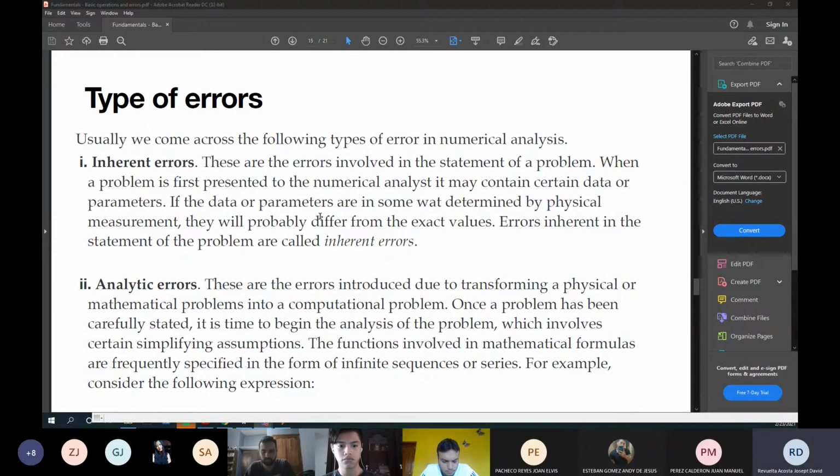And these parameters, these data, are determined by some physical measurement. And they will probably be different from the exact value, okay? Those errors are what we call inherent errors.